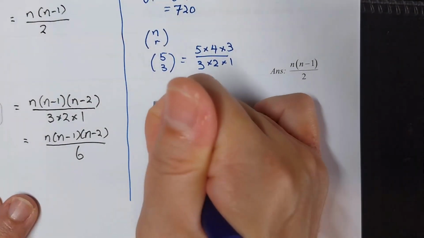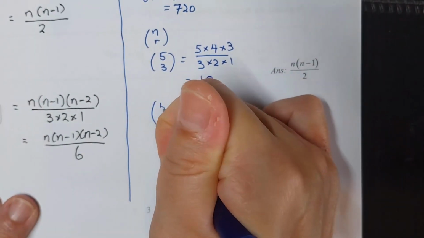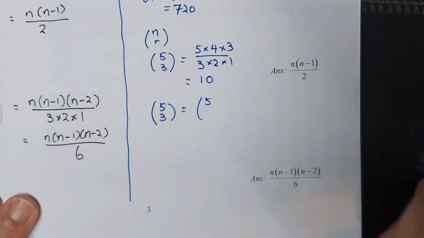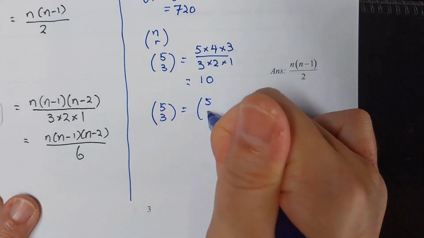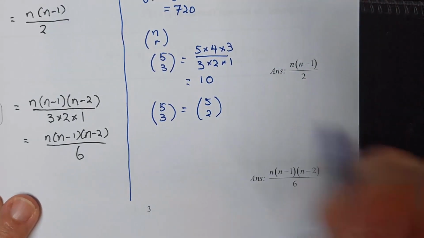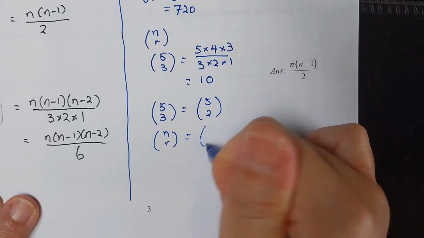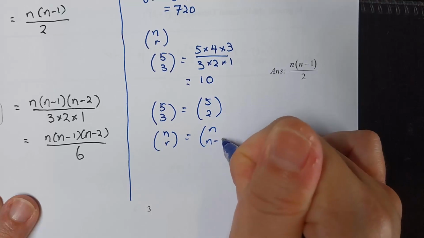We also learned that 5 choose 3 will be the same as 5 choose, yes, 2. What it means is n choose r will be the same as n choose n minus r.